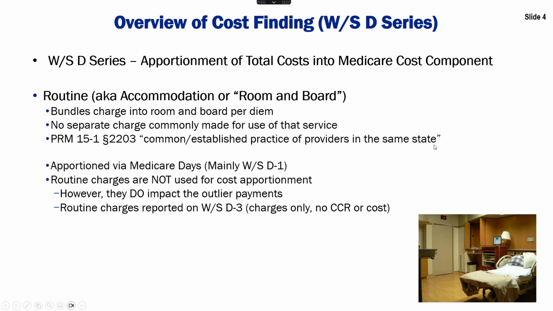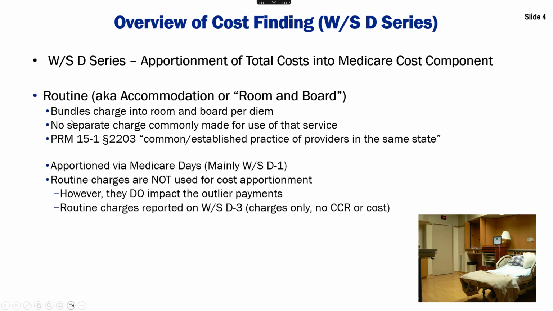So it's not even so much whether that particular provider separately charges for those services, it's whether it's a common or established practice. Now, we're not going to dig into too much detail because we have a different YouTube video later on that will go through that in more detail, but I just wanted to point that out.